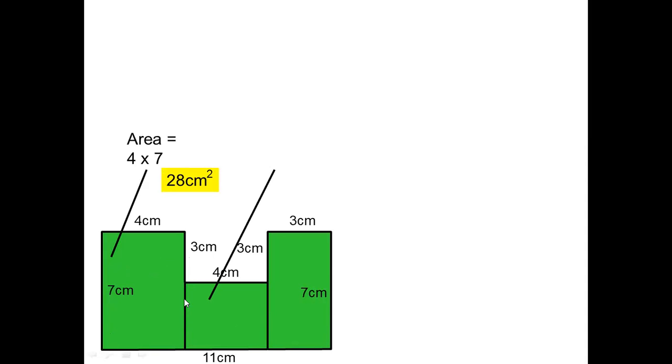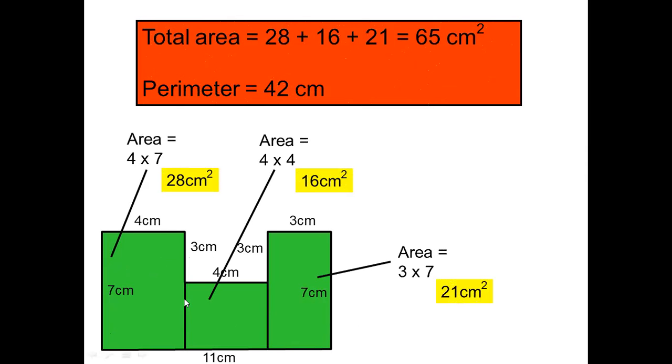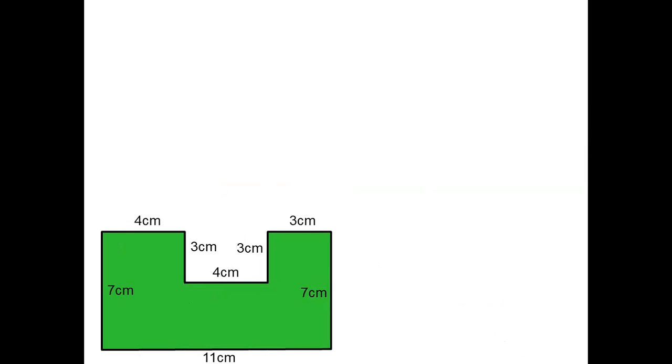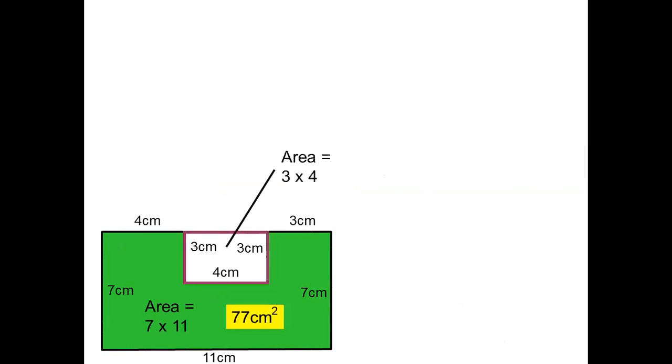So the area here is 4 multiply 4, which is 16. And the last one is going to be 3 times 7, which is 21, and I will add them all together to give me 65 centimeters square. This is another way: you can take the area of the whole rectangle and subtract the small area from the big area.